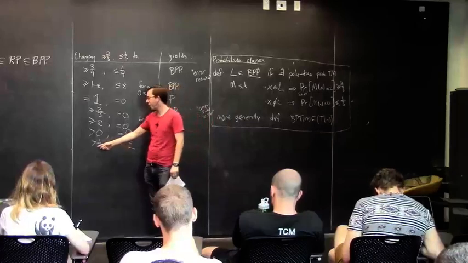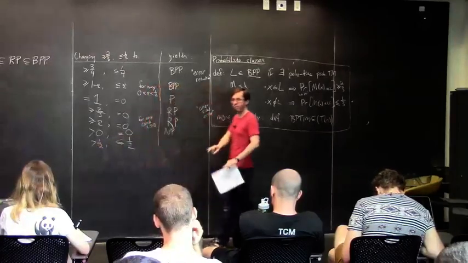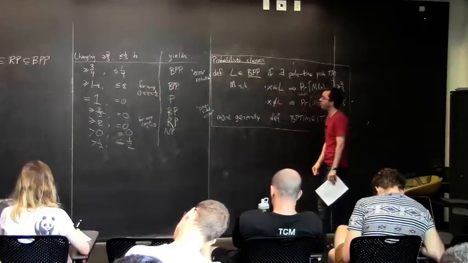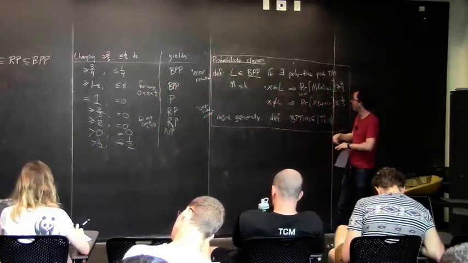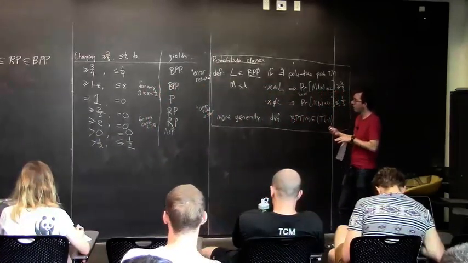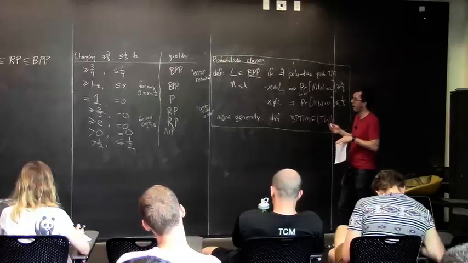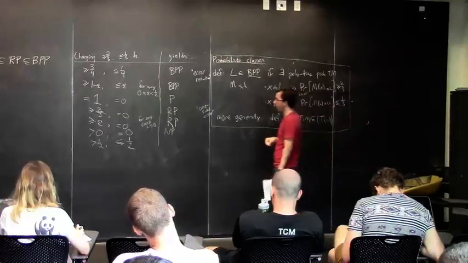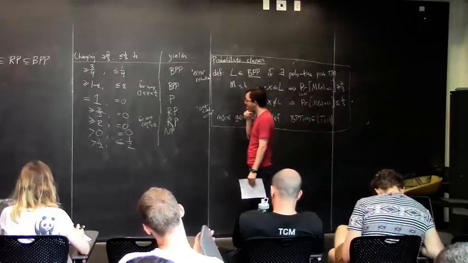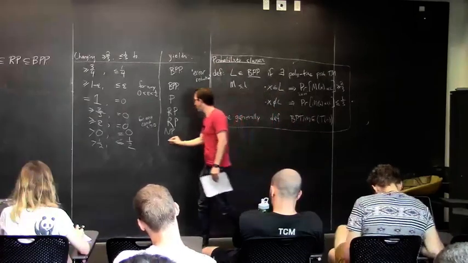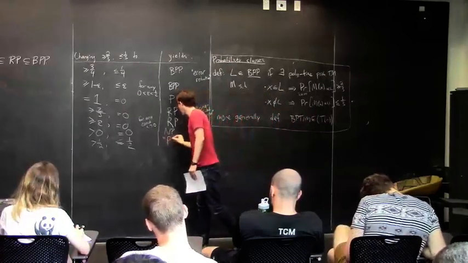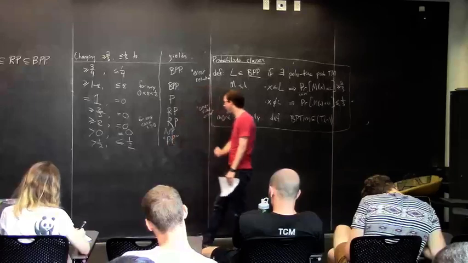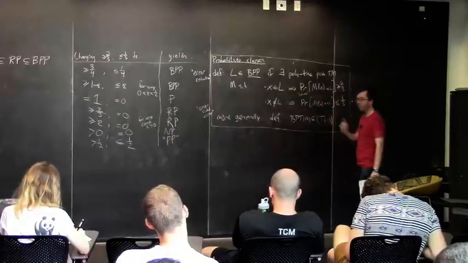I mean, you can't have greater than or equal to half and less than or equal to half, so you say the algorithm succeeds if its probability is strictly better than a half, otherwise it rejects. And this defines a quirky complexity class called PP. It's probabilistic polynomial time.